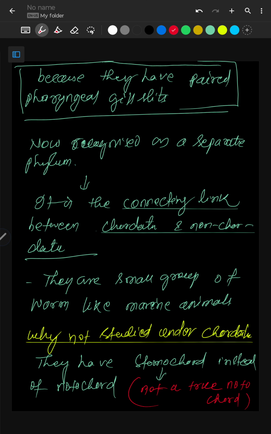That's why they are not considered as a subphylum under chordata.